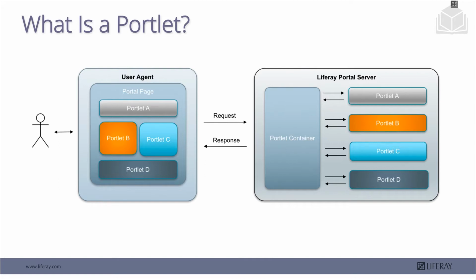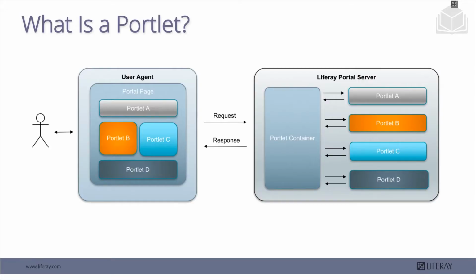So let's say we're interacting with portlet B. We're making a request to portlet B to do something. And that request is actually going to be transferred over to Liferay and in turn the portlet container. The portlet container will process the request and then say, hey, portlet B, we got this request for you to do something, so go ahead and do it.